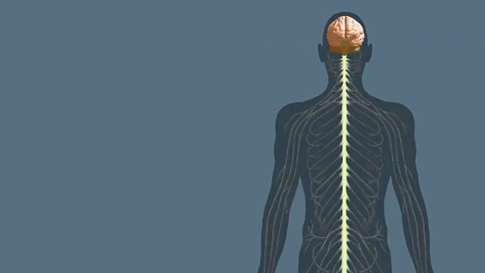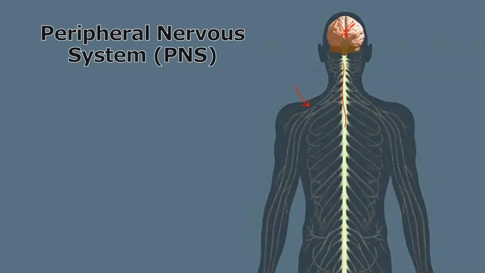Now, everything else in the nervous system, and if we look over here, we can still see the brain. I'll put an X on it, and we can still see the spinal cord, this yellow thing hanging down. But all these nerves and nerve fibers that are coming out from the brain and the spinal cord are not considered to be central. They're part of the peripheral nervous system because they come out on the periphery of the central system.